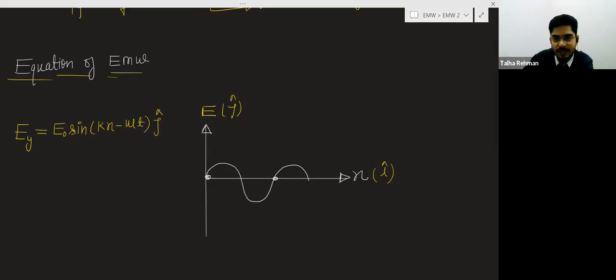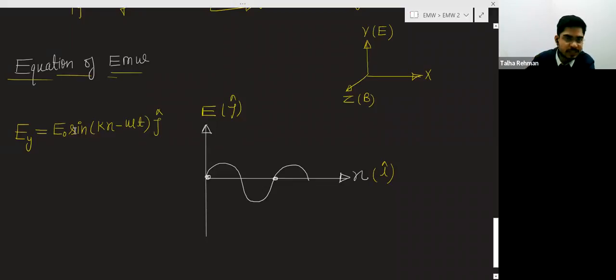Here the x direction is the direction of propagation of the wave, along the y direction there is the electric field, and along the z direction there is the magnetic field, as we assumed earlier. So this is the equation of the electromagnetic wave.